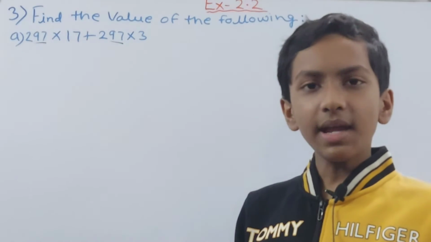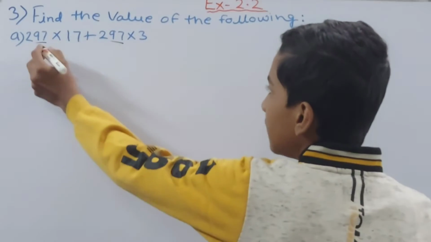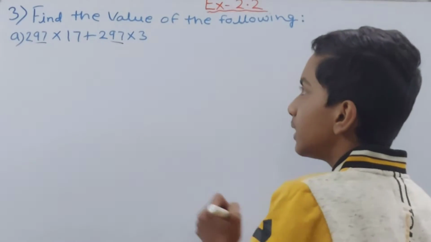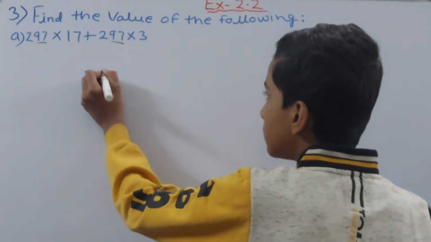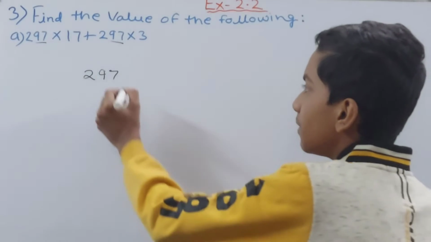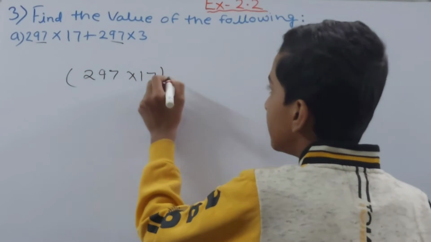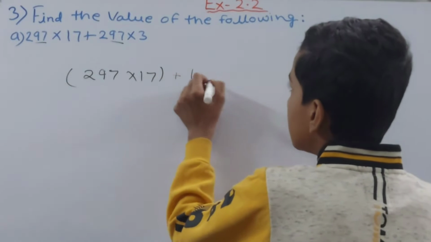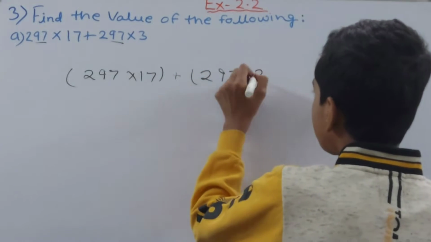So we can write it 1 time. So if I write it, I will write it 1 time like this, 297. Now 297 into 17, in brackets, and then plus here 297 into 3.